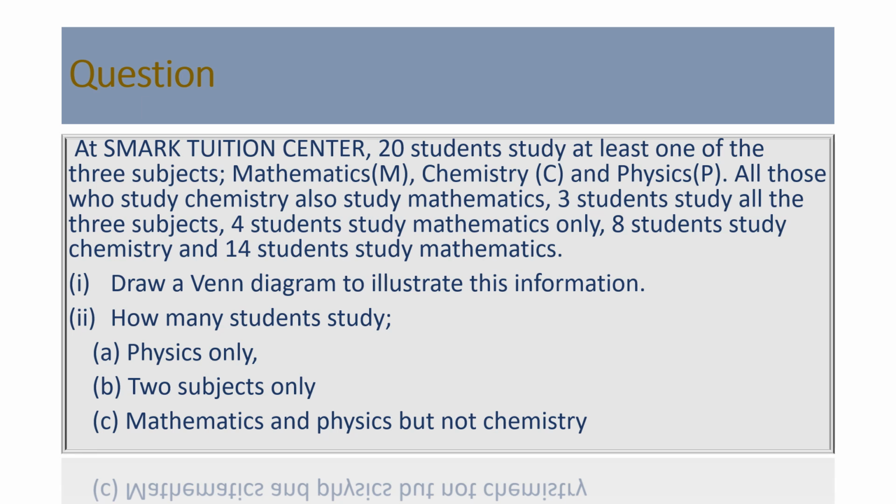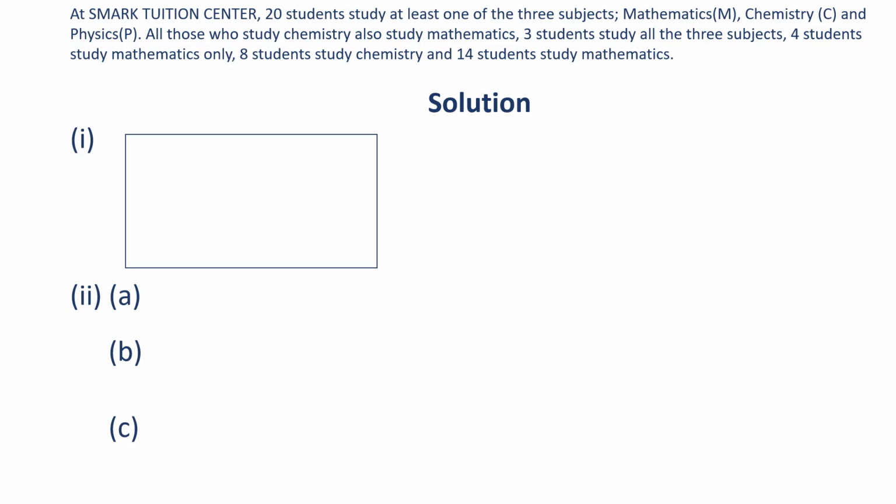So look at how we are going to solve this question. Question 1, we are told to illustrate the information in a Venn diagram. Before you illustrate anything, you need to understand some of the terms used when solving sets.